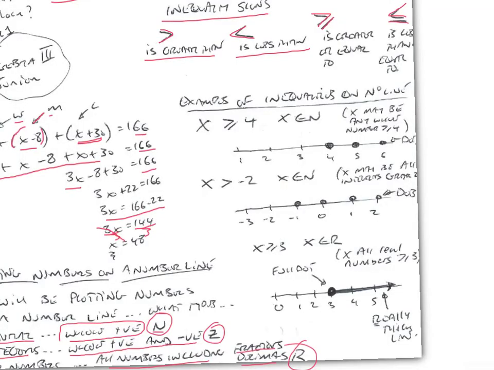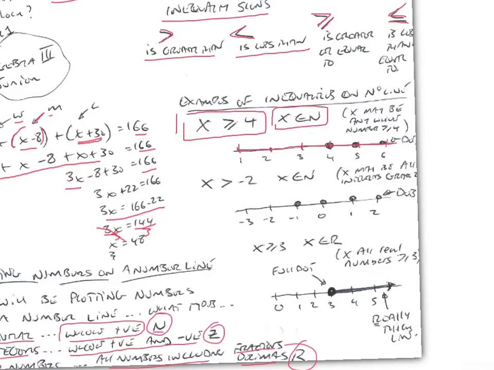And if we were to look at inequalities represented on a number line, let's say we have a number line that goes from 1, 2, 3, 4, 5, 6. Okay, we've just picked a piece of the number line, and we want to represent the inequality: the value of x on the number line is greater than or equal to 4, and x is a whole positive number.